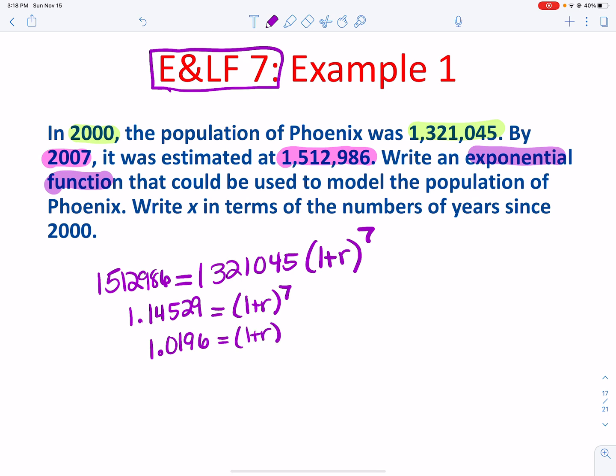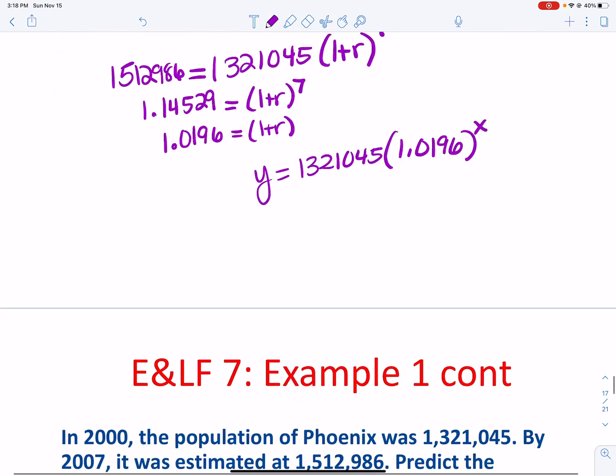That's what 1 plus r is. So my equation would be y equals 1,321,045 times parentheses 1.0196 to the x. That's example 1, ELF 7.